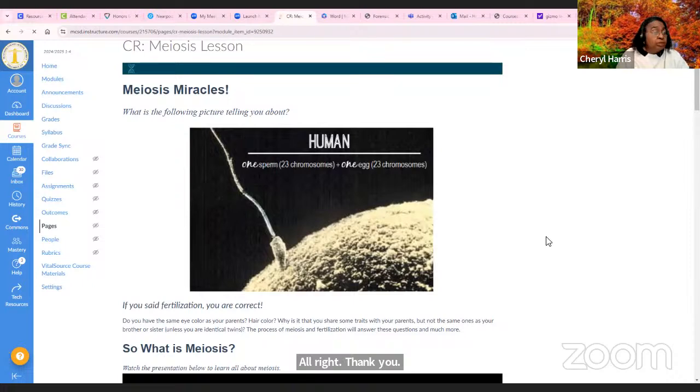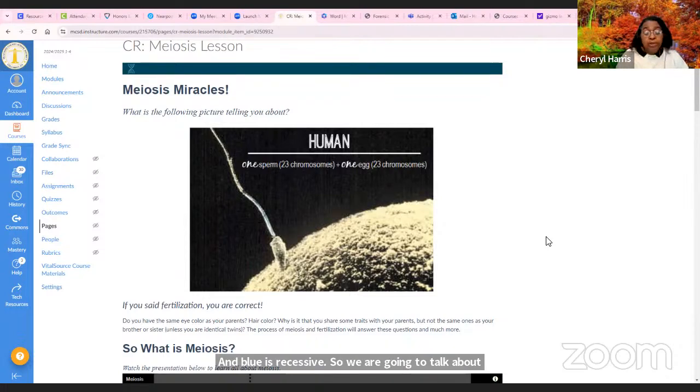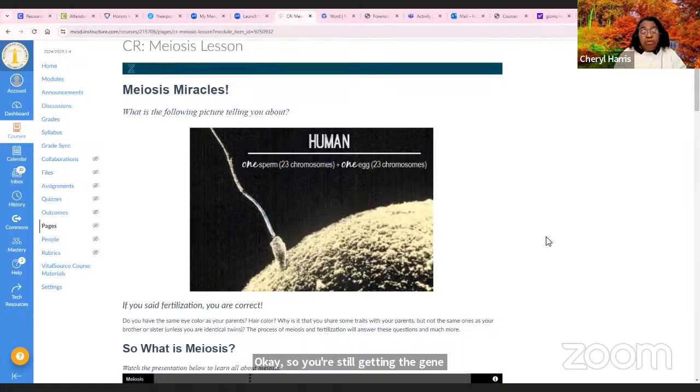Brown is dominant over blue, and blue is recessive. So we are going to talk about dominant and recessive traits. It's not that the gene is not there. You're still getting the gene, one from mother, one from the father. It's just that one is dominant. So we are going to use that vocabulary. Thank you for sharing.